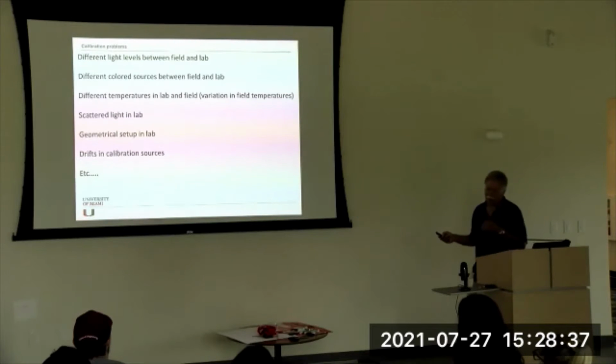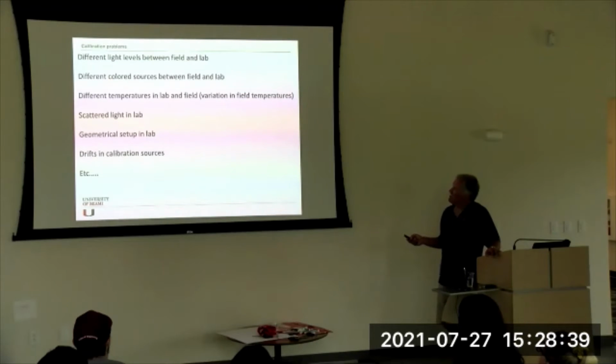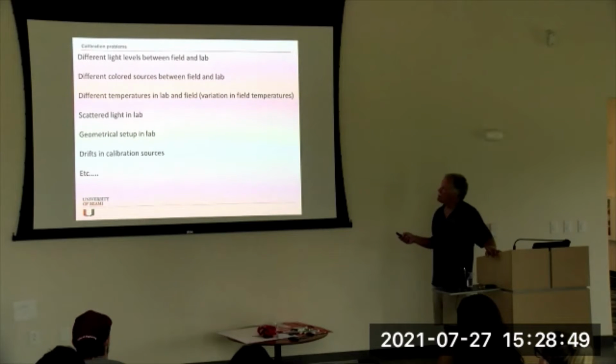Other calibration problems you can have with an instrument is you have different light levels between the field and the lab. The sun's really bright, so it's really hard to calibrate a downwelling irradiance sensor all the time in the lab if you don't have a lot of dynamic range. The sources that we use in the lab are much different than the light field you're looking at in the water. The lab calibration sources don't have much blue light, which is what we're looking at in the light field in the ocean.